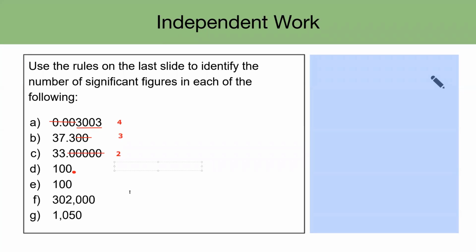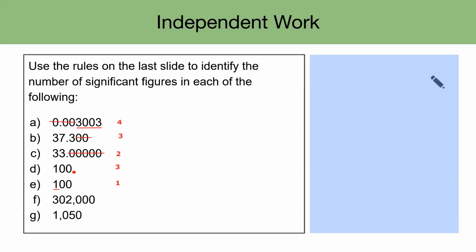So actually the number 100 with a decimal place after it has 3 significant figures. However, the 100 without it does not. This only has 1 significant figure, which would be the 1 according to our significant figure rules. One way we can make it have more significant figures is if we added a decimal place, it would have all of those be significant.